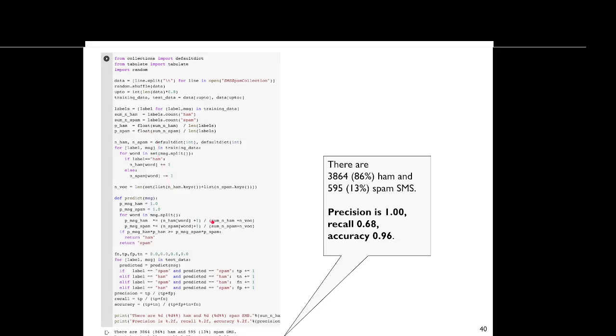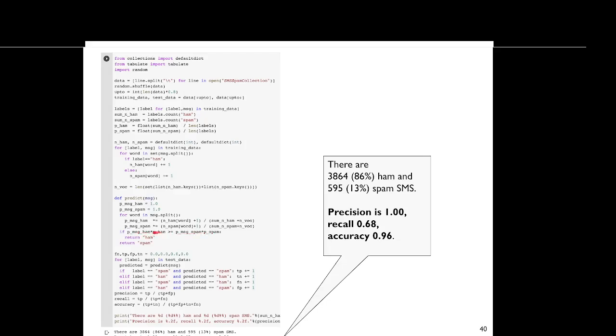So we normalized by the amount of messages, plus the size of the vocabulary. Yeah, so again, Laplace smoothing. Same for spam, and that means we really have here a normalized value. And then after multiplying all of these values from all of the words in the message, we finally multiply by the likelihood of having a ham message or a spam message.